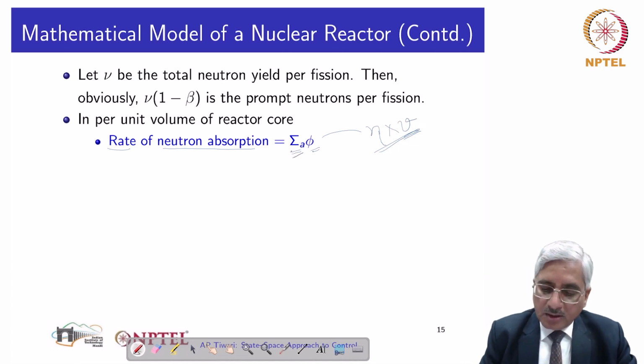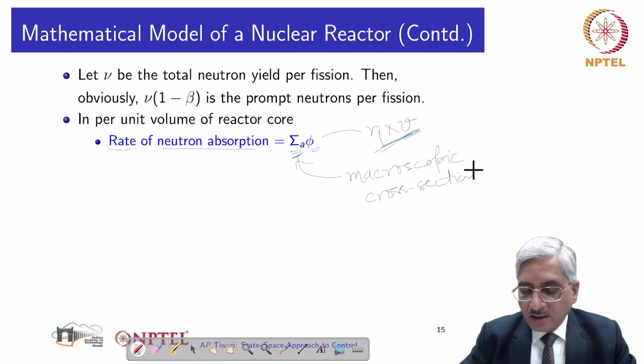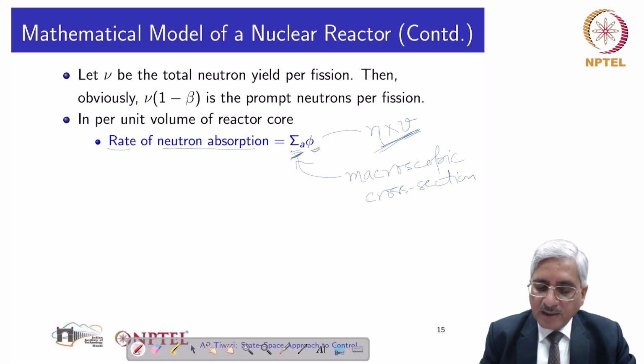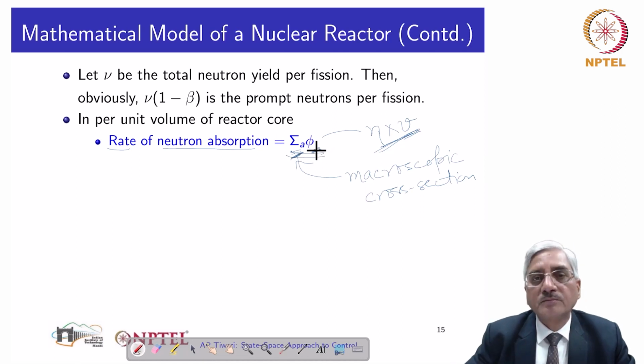Sigma a, which is called the macroscopic cross section, is a kind of proportionality constant, because not all the neutrons which impinge upon a target material will actually undergo absorption. Many of them will escape absorption. So only sigma a times phi are getting absorbed, and so the interaction rate is sigma a times phi.